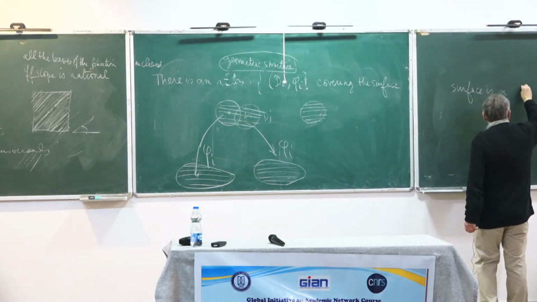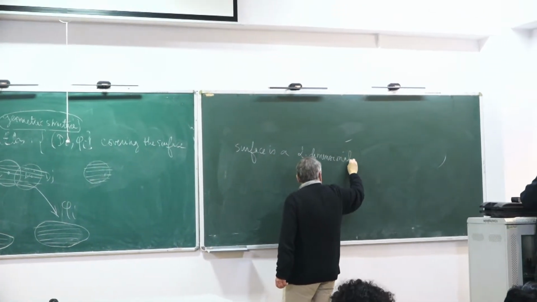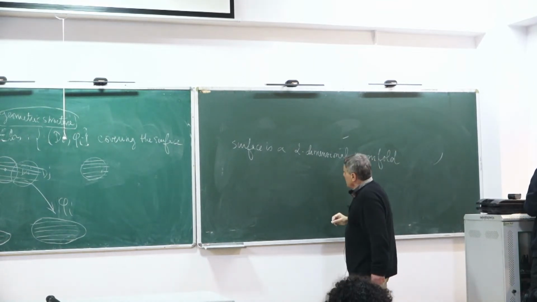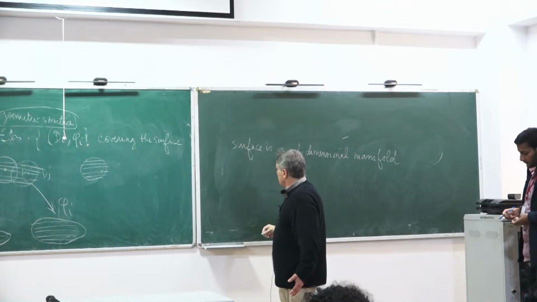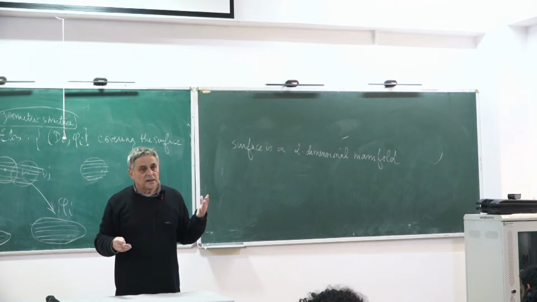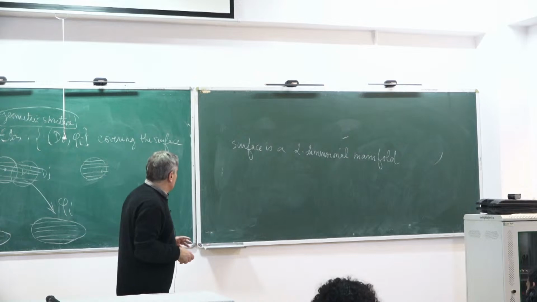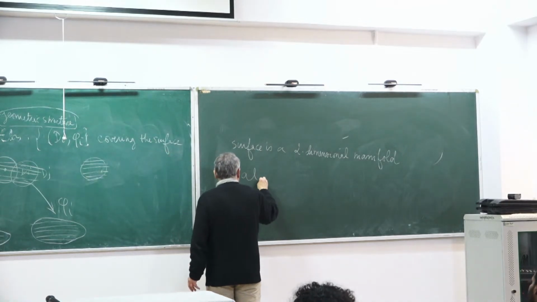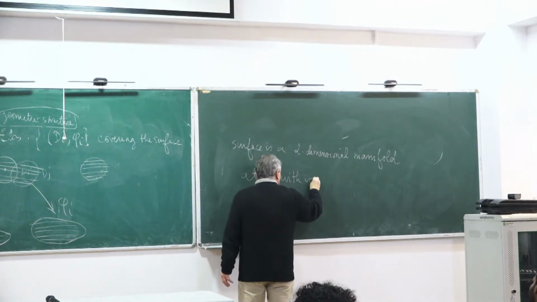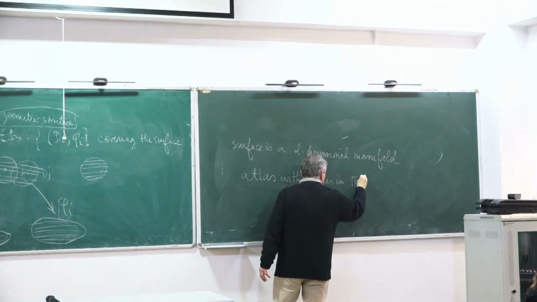A surface is a two-dimensional manifold. By definition, this means that I have an atlas with values in, let's say, R2.